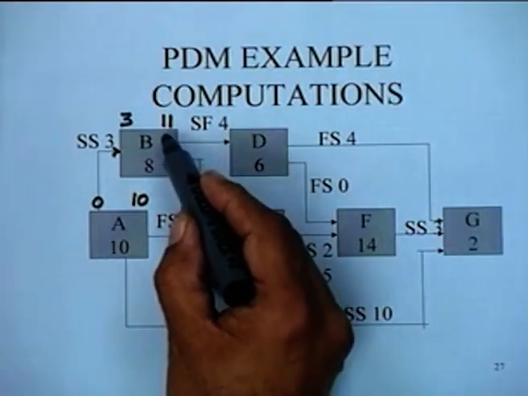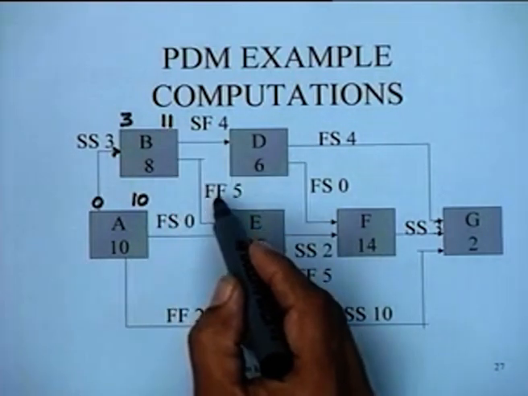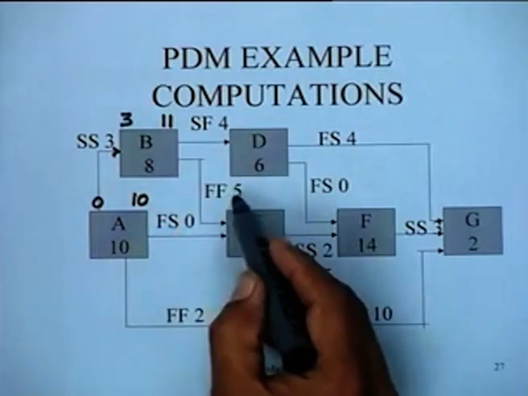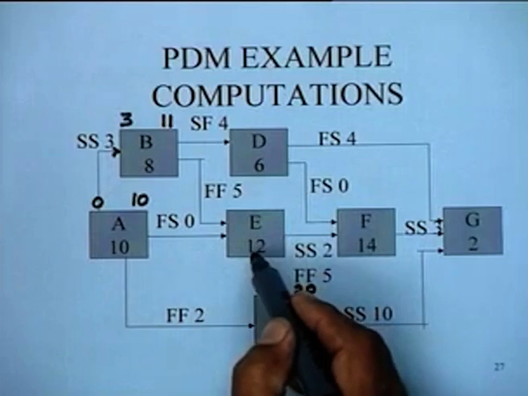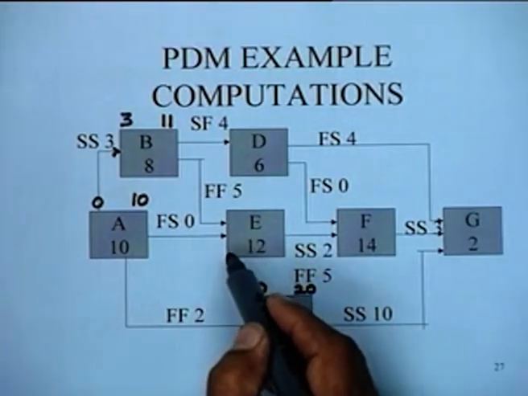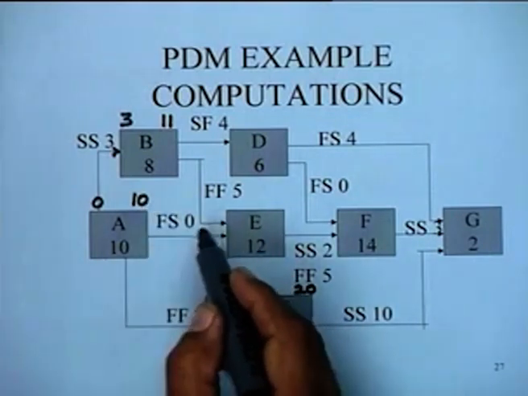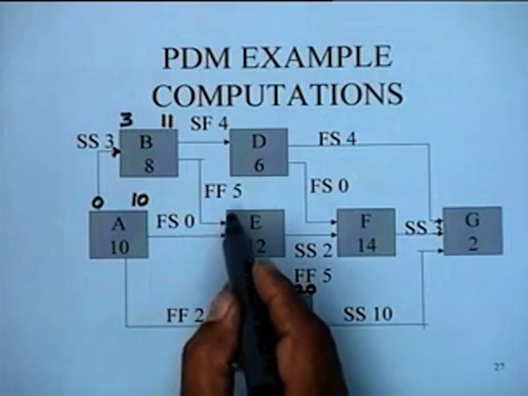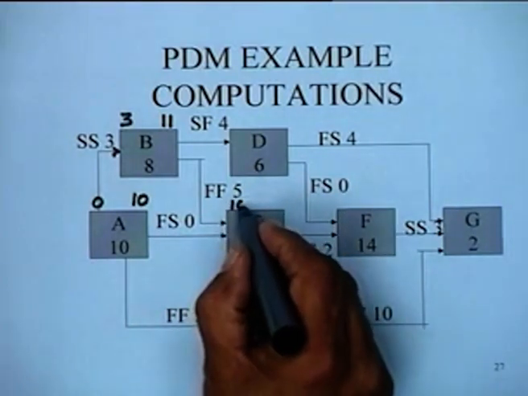Whereas here, this is finishing at time 11, and it says finish to finish. So this must finish at time 11 plus 5 is 16. 16 minus 12 is 4. So this is 4, and the earliest start that you get from this particular relation is 10. So the maximum of the 2 is 10. So this earliest start is 10.